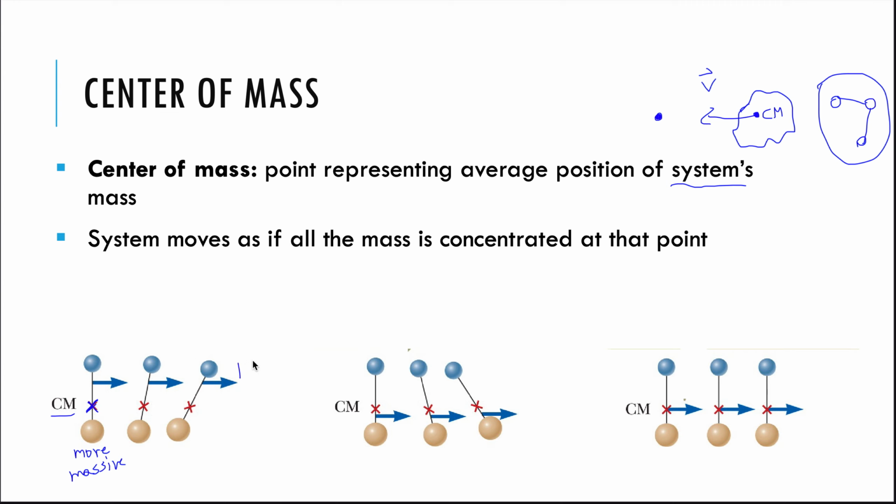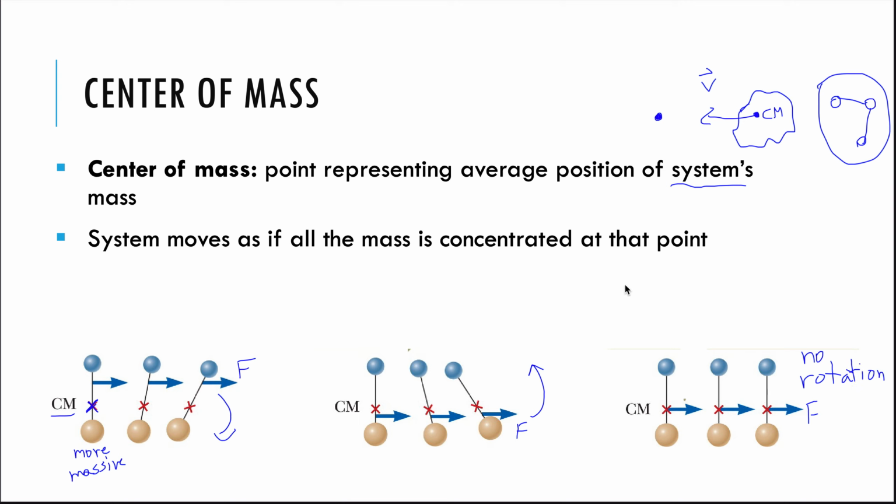So if there's a force that is applied above the center of mass, this system consisting of the two masses is going to rotate clockwise. If we apply force below it here, it's going to rotate counterclockwise. But if we apply this force here at the center of mass, there is not going to be any rotation.